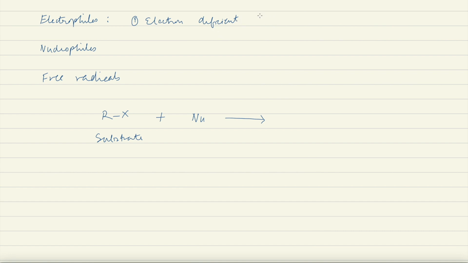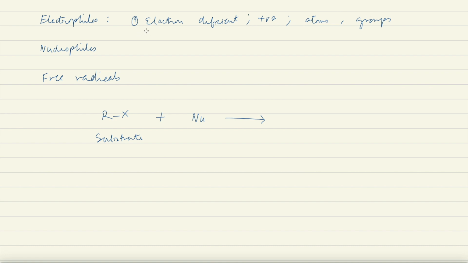They can be positively charged, or they can be neutral. And they can be atoms, or they can be groups. It could be any of these, a neutral molecule also. So all those molecules, groups or ions which are electron deficient are called electrophiles.